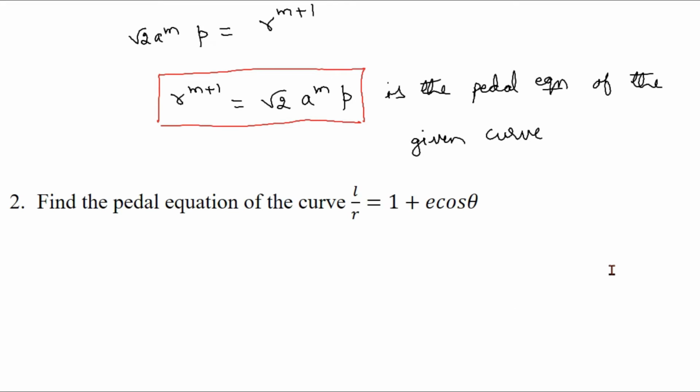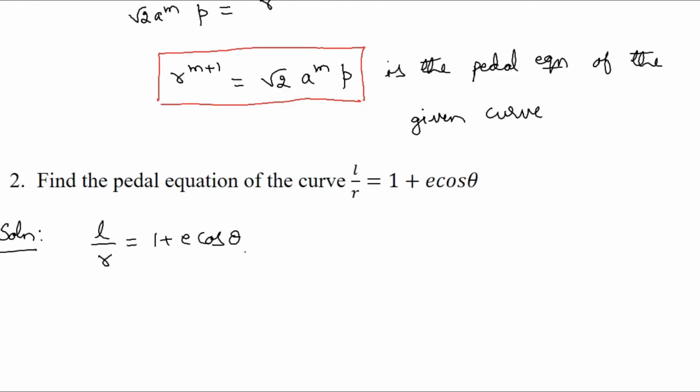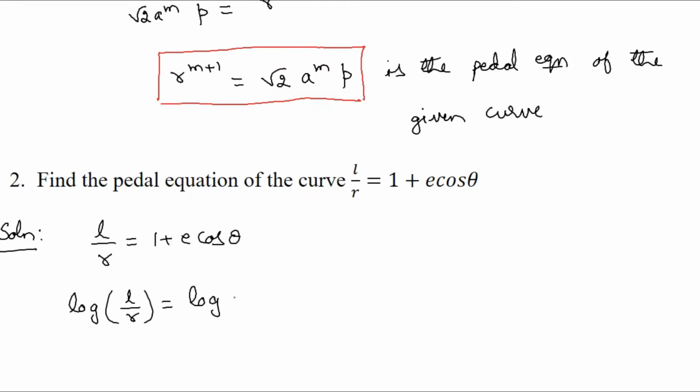The next question is, find the parallel equation of the curve L by R is equal to 1 plus e cos theta. So given the curve L by R is equal to 1 plus e cos theta, we'll be taking log on both the sides. So we'll take log of L by R is equal to log of 1 plus e cos of theta.